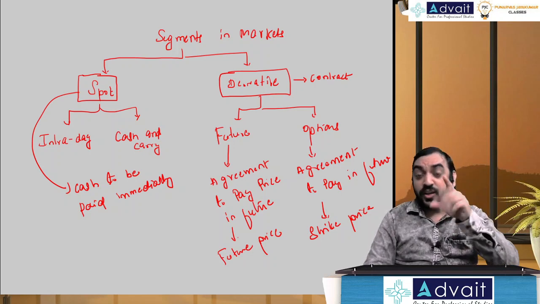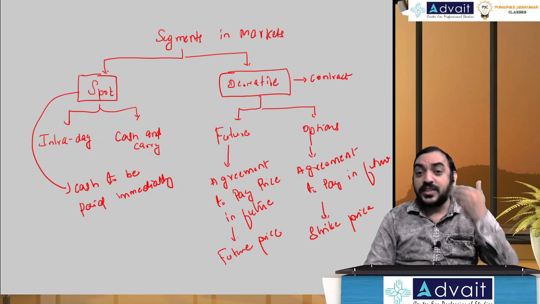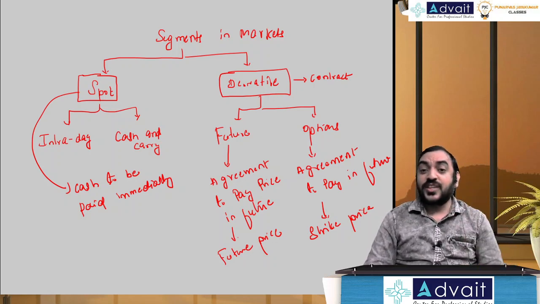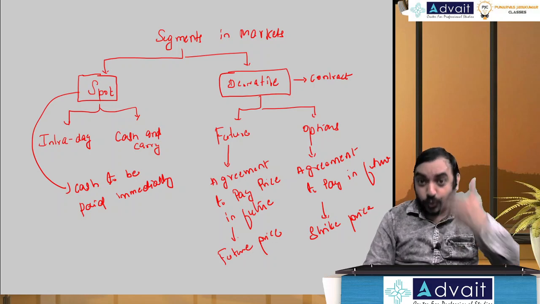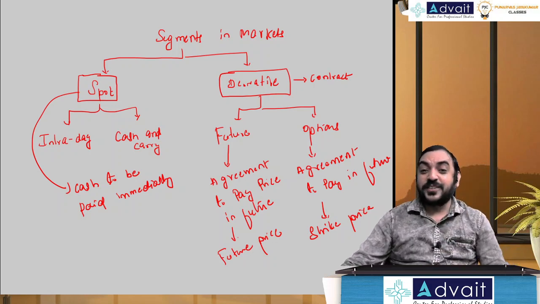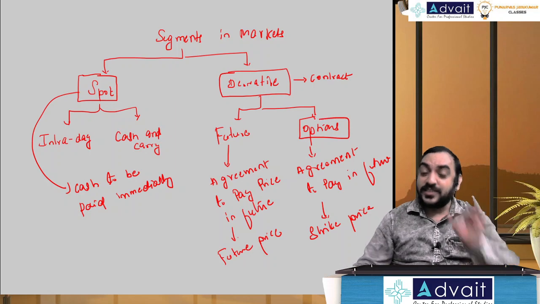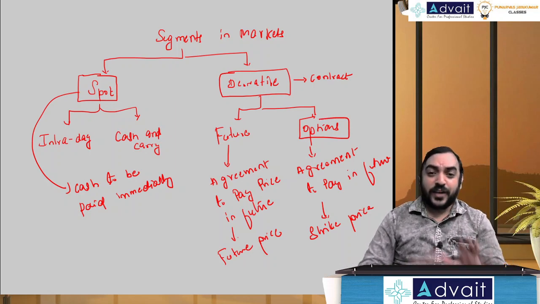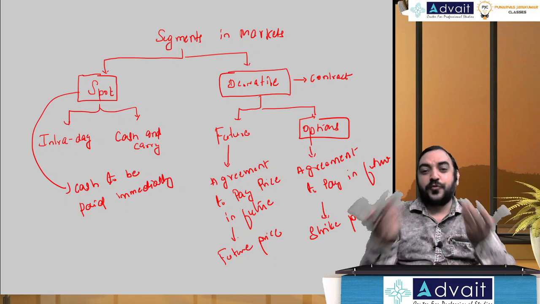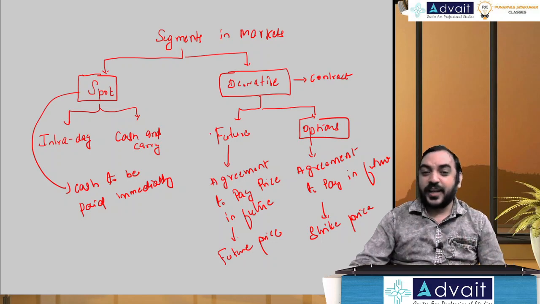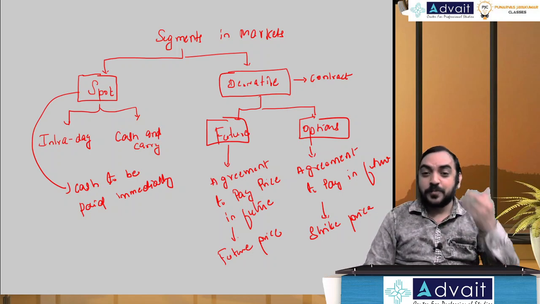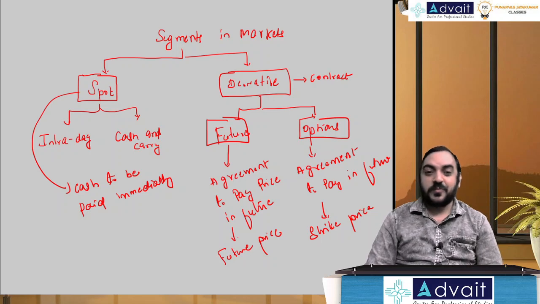A full-time stock trader will mostly transact in derivatives, and within derivatives, 95% of the transactions happen in options practically. But for exam purposes, futures come for more marks. So for exam purposes, we try to keep futures and options equal, but practically we focus on options more.